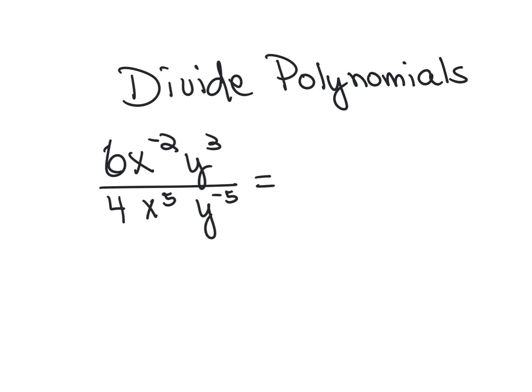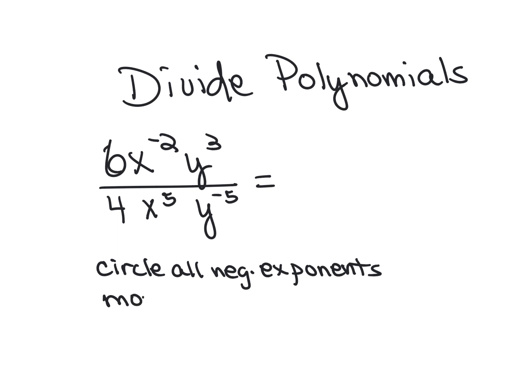All right, another example of dividing monomials with monomials contains negative exponents. And if you have negative exponents, there is a process that you must go through. You must circle all negative exponents. You must then move it.